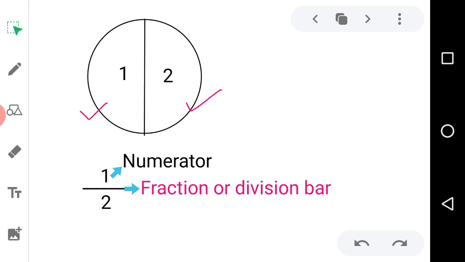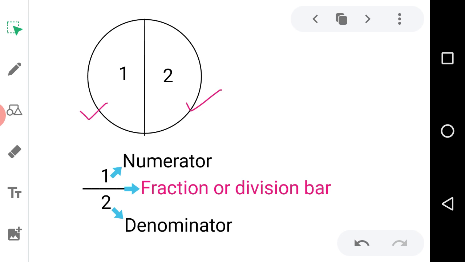The number below the fraction bar is called the denominator, and it indicates the total number of equal parts into which the whole is divided.